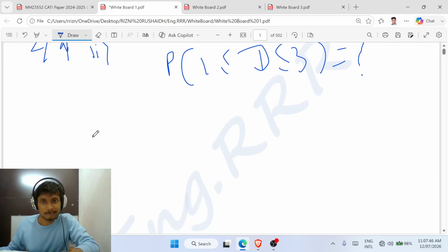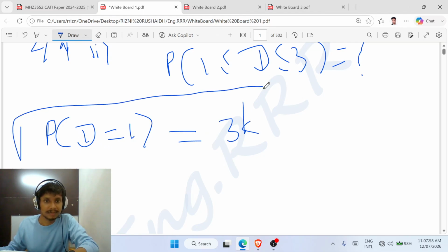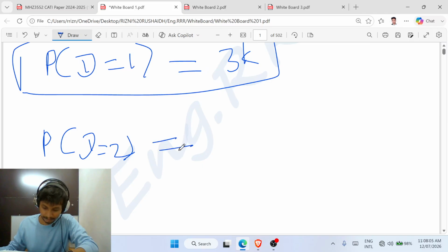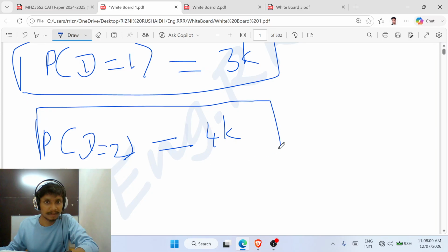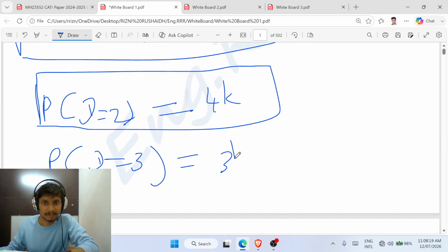We have already found that P(D=1) is equal to 3k, P(D=2) is equal to 4k, and P(D=3) is equal to 3k.